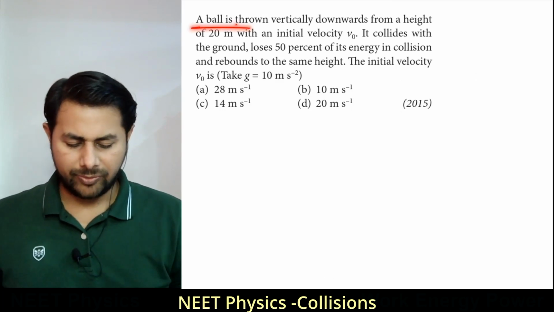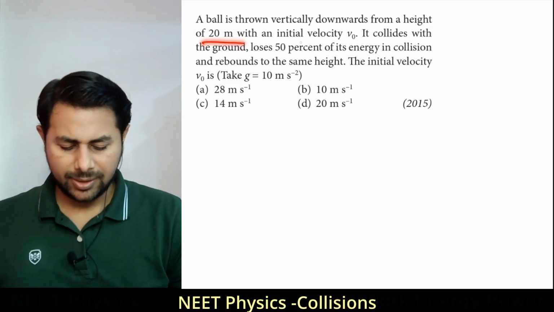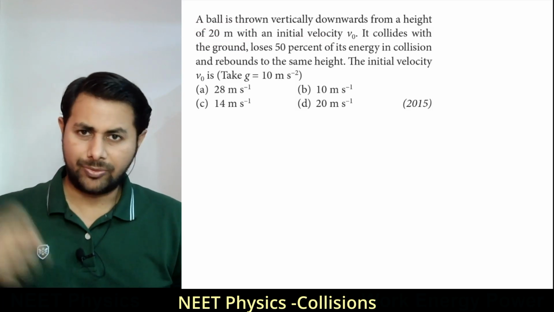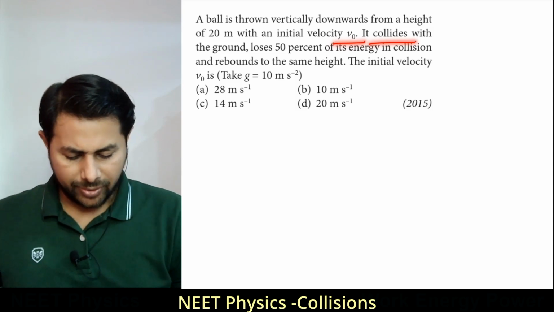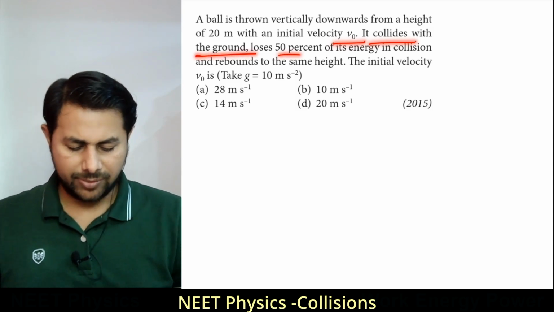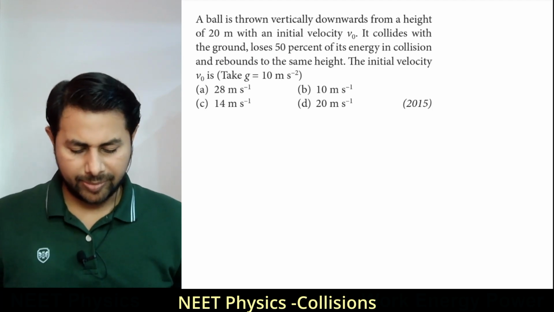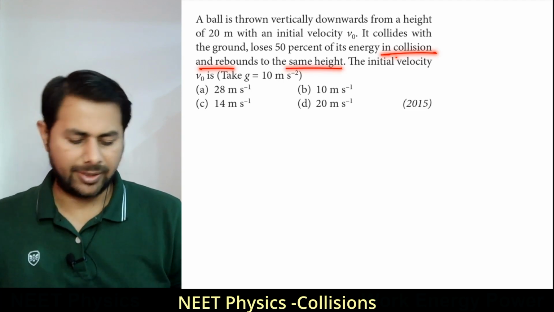A ball is thrown vertically downwards from a height of 20 meters with initial velocity v0. So the ball is thrown downwards with initial velocity v0. It collides with the ground, loses 50% of its energy in collision and rebounds to the same height.